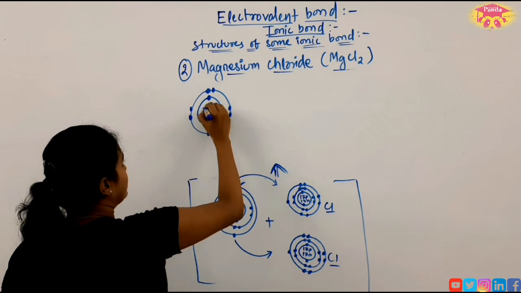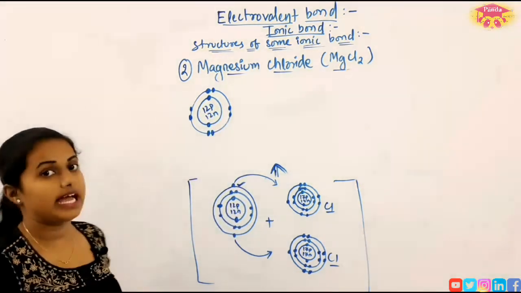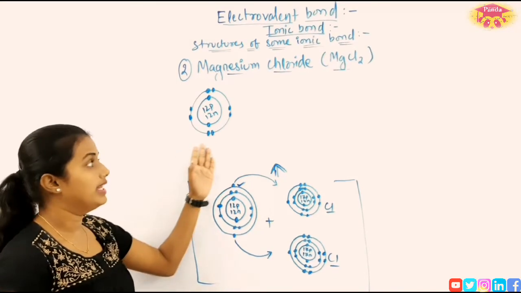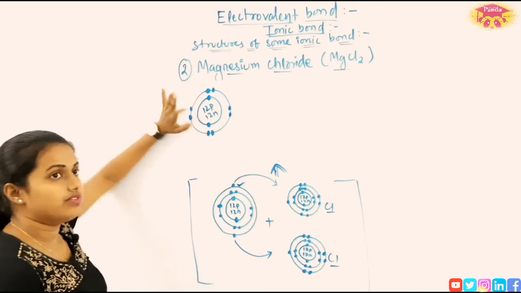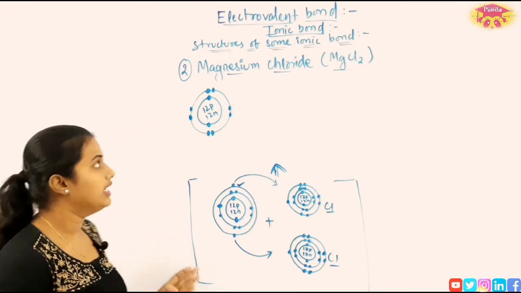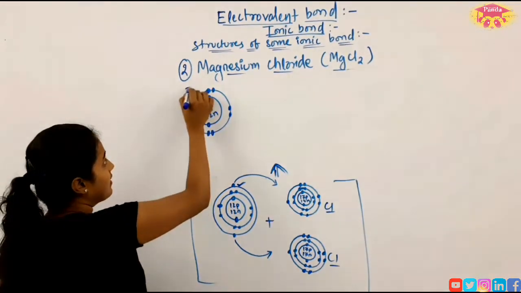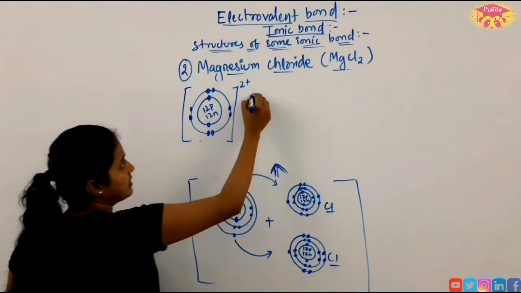And it contains 12 protons and 12 neutrons. Students, remember that when an atom donates electrons, the number of protons and the number of neutrons never change. It remains as it is. Here, as it donated 2 electrons, it became 2 plus.